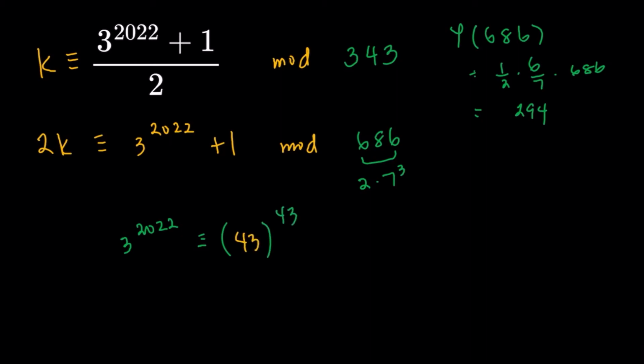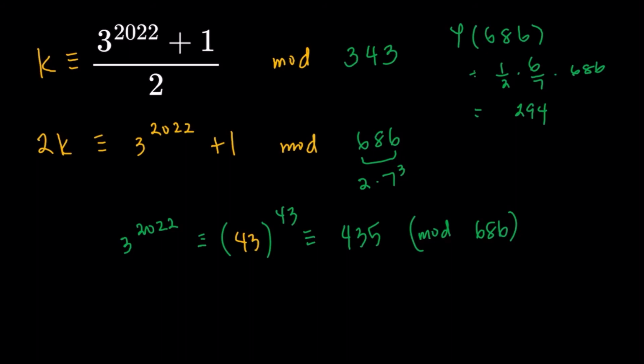And then we're just really going to evaluate this thing out. It's going to take a long while because the number is not that pretty. But eventually you guys should be able to get that. This will be congruent to 435 under mod 686. So apologies for a very long calculation, but eventually you should be able to get that. This would leave a remainder of 435 when divided by 686.